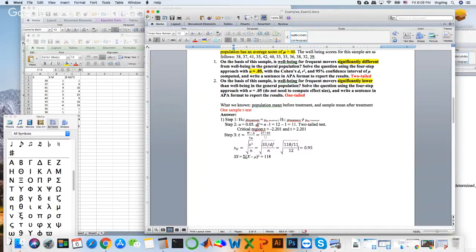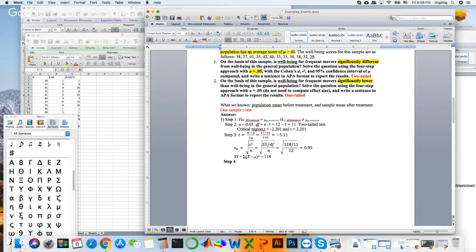Also here put the 0.095 to here, and then use your calculator again to solve this one, which equals negative 0.11. That's it. We finished step 3.